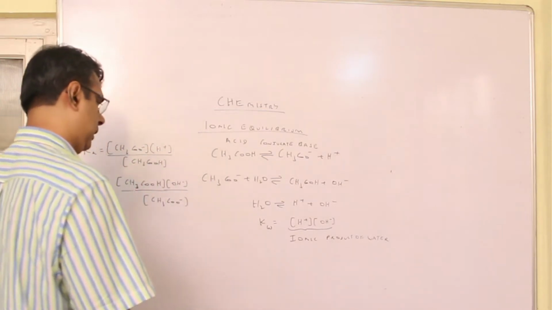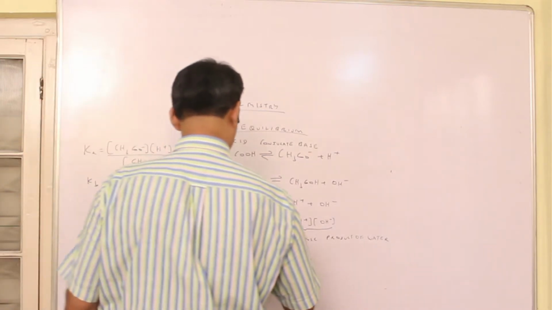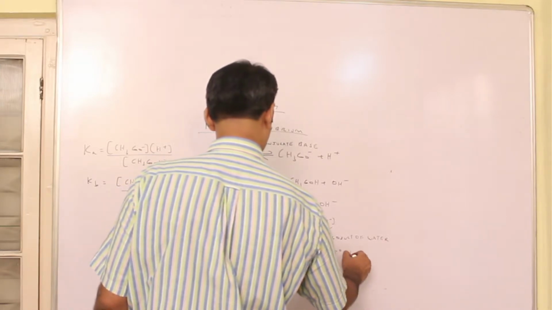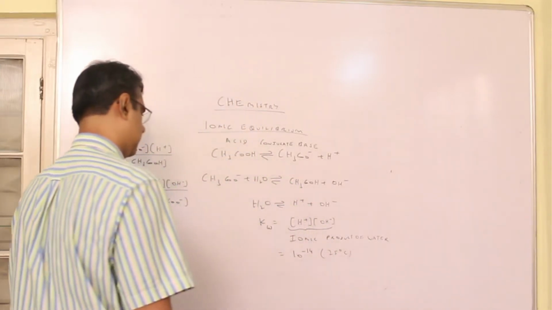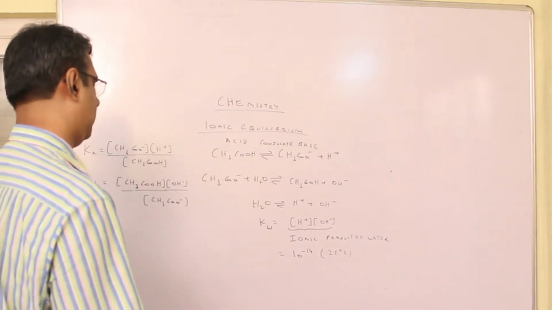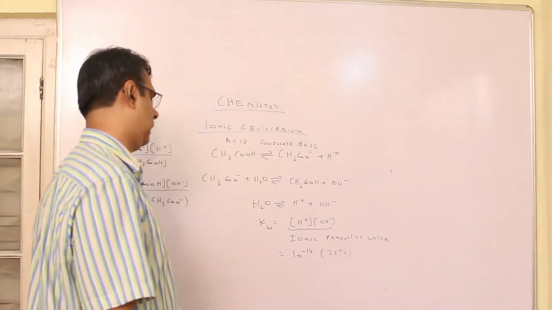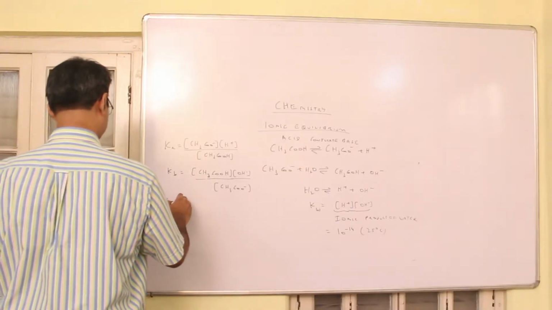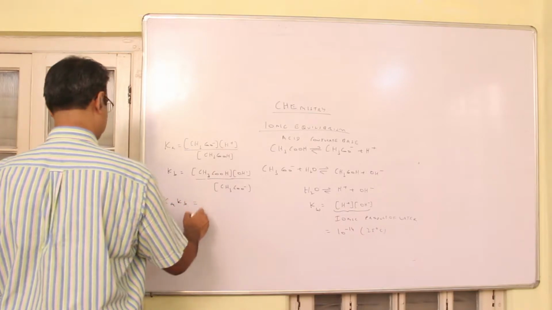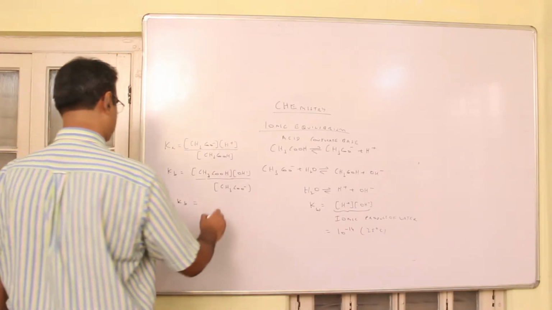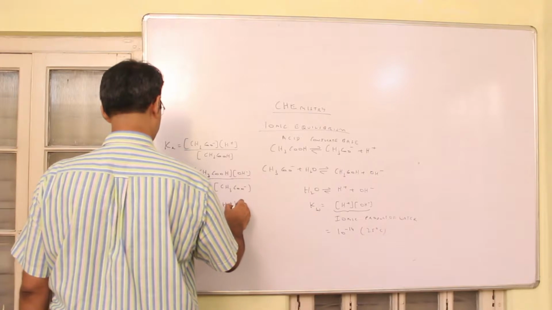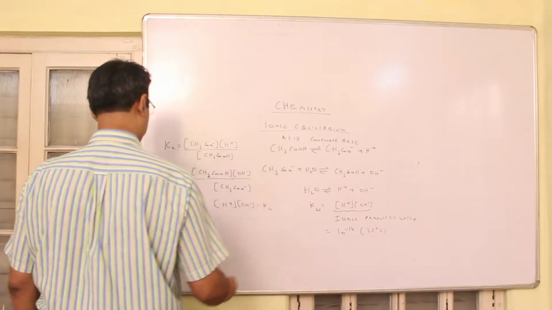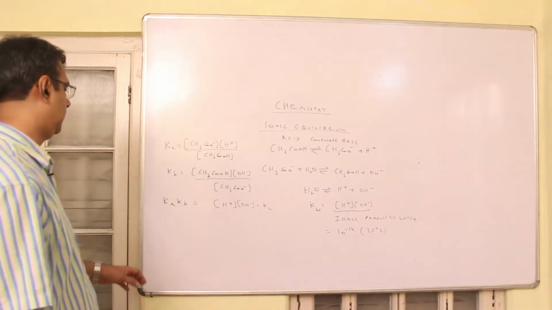So this is called the ionic product of water, and it has a constant value at 25 degrees Celsius. It is equal to 10 to the power minus 14. So this is the value of the ionic product of water. Now you will notice one thing, that if you multiply Ka into Kb, then it will come equal to the ionic product of water.